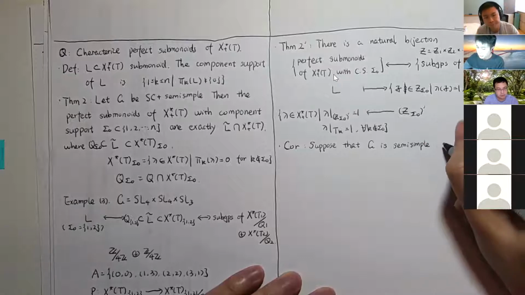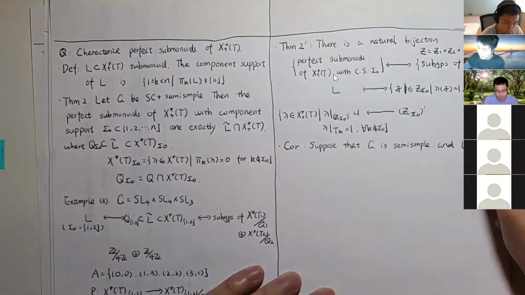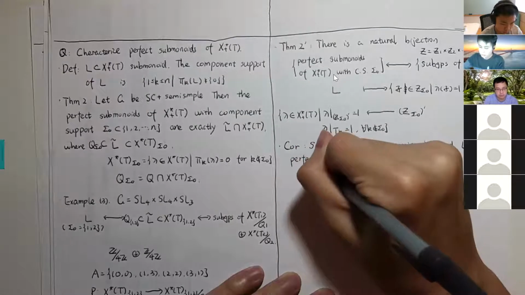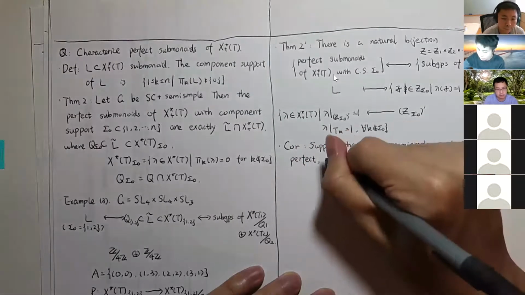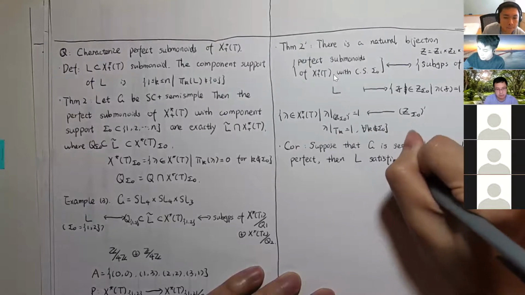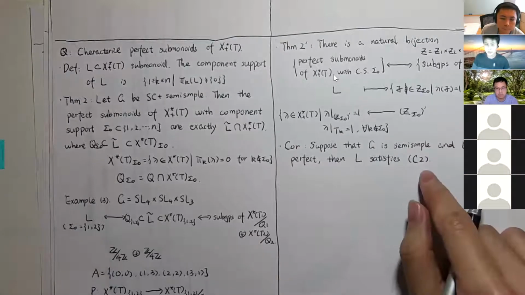So now the corollary is: suppose that G is semi-simple and L is a perfect submonoid of dominant weights. Based on this characterization, we have that L satisfies C2, that is, closed under duality.